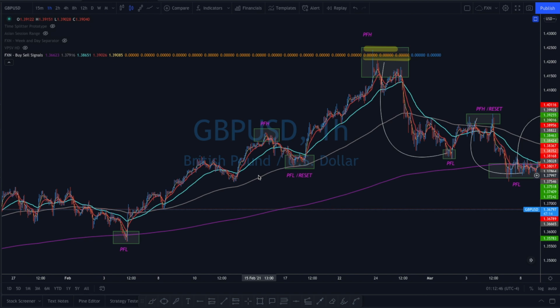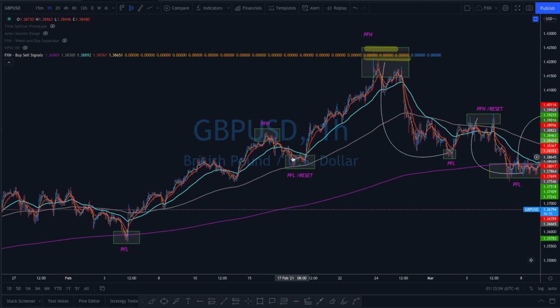For these pullbacks here that I'm trying to figure out where the resets are, I'm trying to figure out which pullbacks go to the 200 ideally, right? The deeper the pullback, the better, obviously, right?